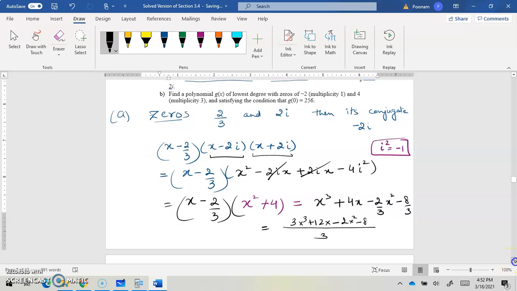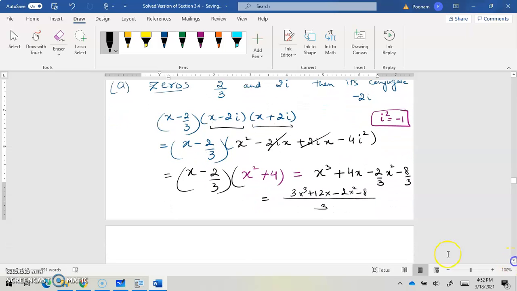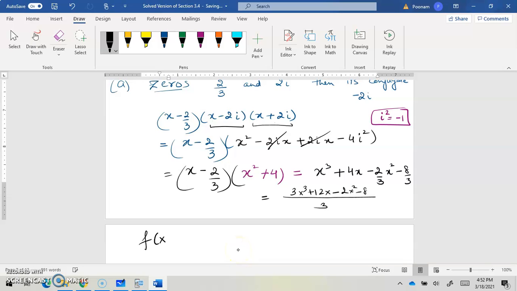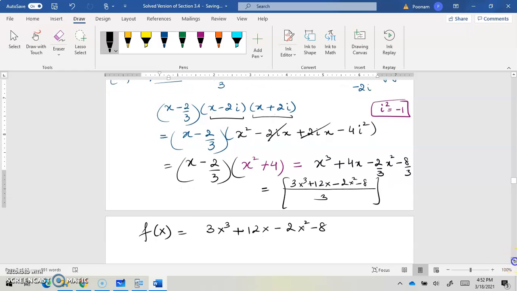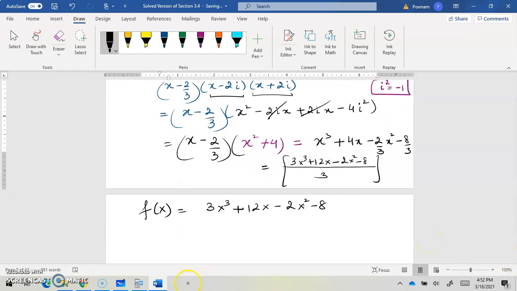So I want to consider the function which has all these zeros. I can multiply this whole thing by 3 to get rid of that denominator, because I want integer coefficients, right?